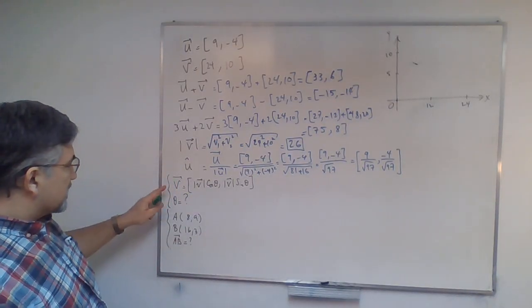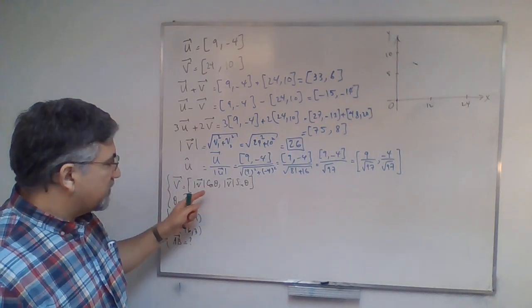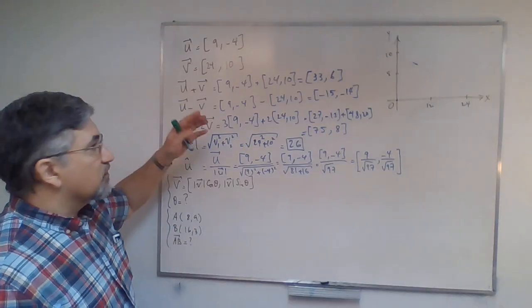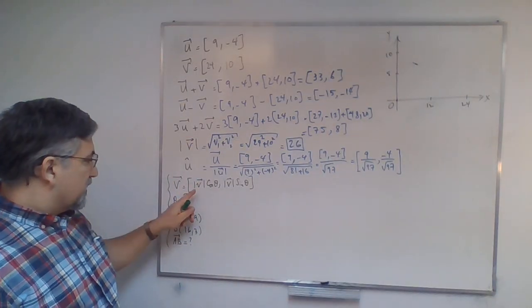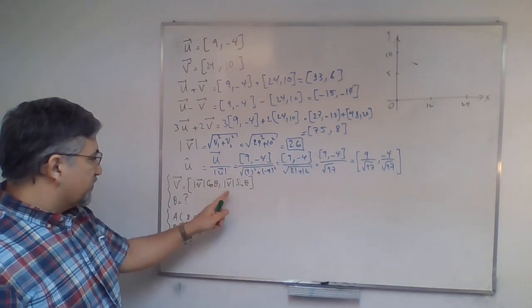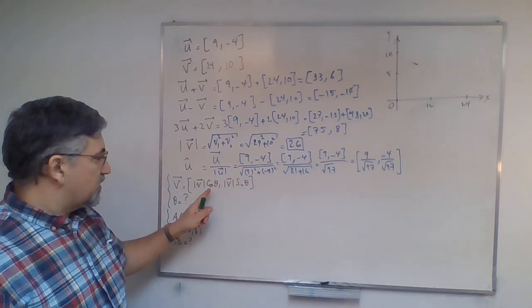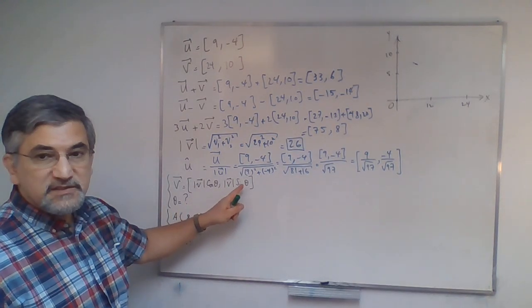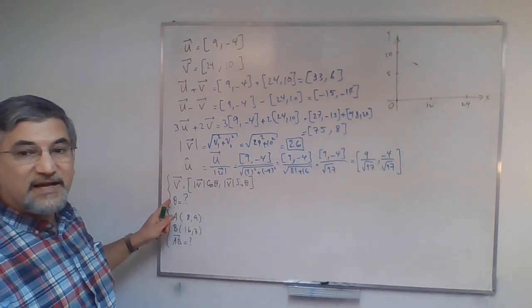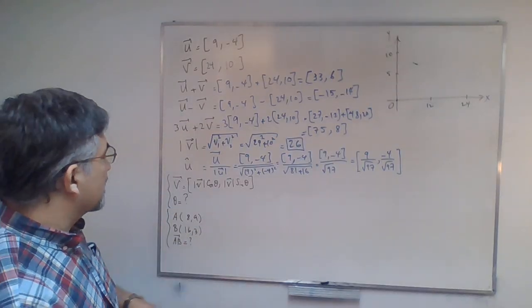So this next one, it says vector v can be written in terms of its horizontal and vertical components in this form: magnitude of v times cos theta and magnitude of v times sine theta. And they're saying find the measure of angle theta itself. So this is not a secret.